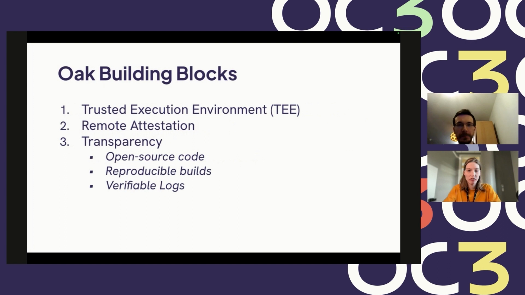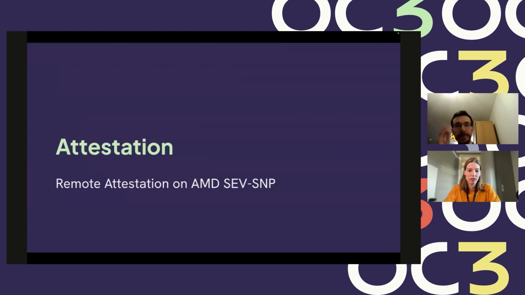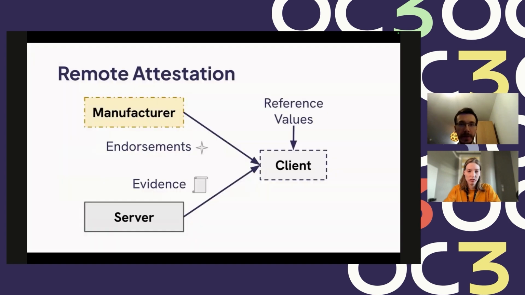Okay, in the next section, we're going to describe the main ideas behind the AMD SEV-SNP attestation process. But first, a quick reminder about what remote attestation is. Remote attestation is a process that allows clients to establish trust in remote workloads.